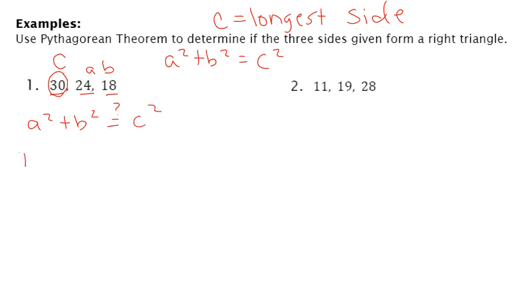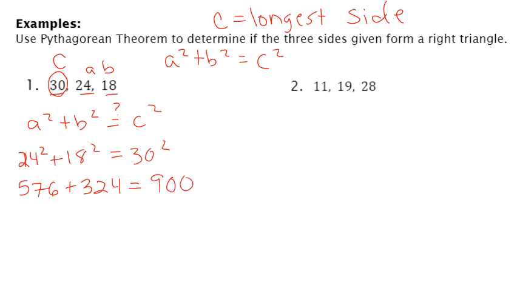So I have 24 squared plus 18 squared, and we're going to see if that equals 30 squared. 24 squared is 576. 18 squared is 324. 30 squared is 900. When I add up 576 and 324, I also get 900.